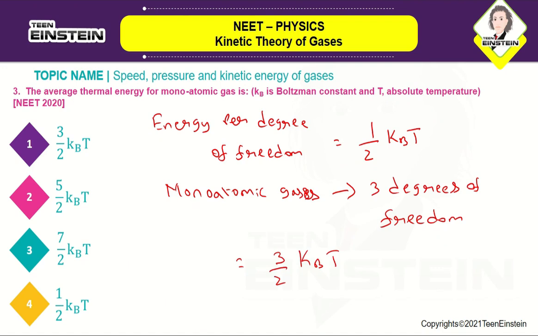Okay, so the correct answer is option number 1. So based on the law of equipartition of energy, the energy per degree of freedom is 1 by 2 kBT, where kB is the Boltzmann constant and T is the absolute temperature. In the case of monoatomic gases, it will be having 3 degrees of freedom. So the average thermal energy will become 3 by 2 kBT. So the correct answer is option number 1.